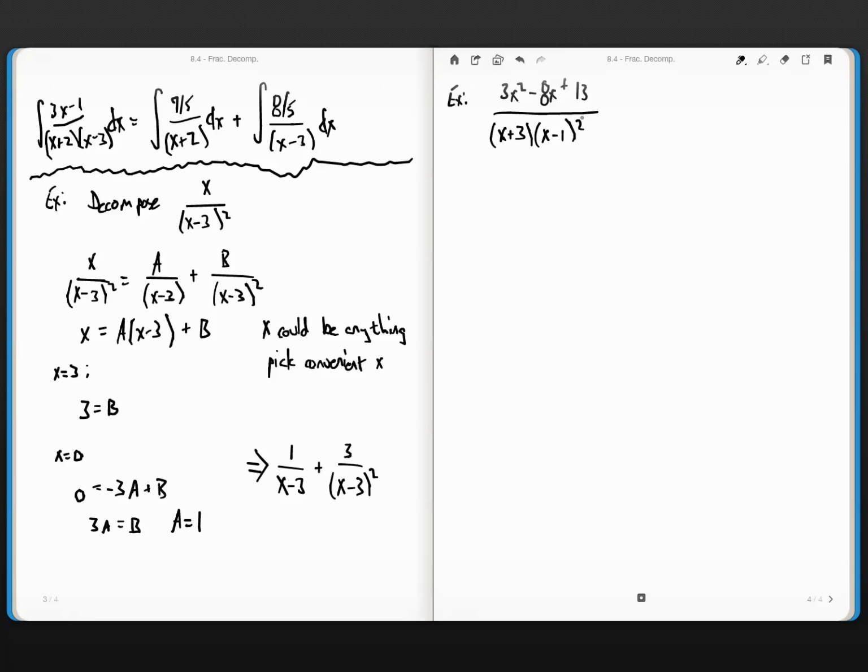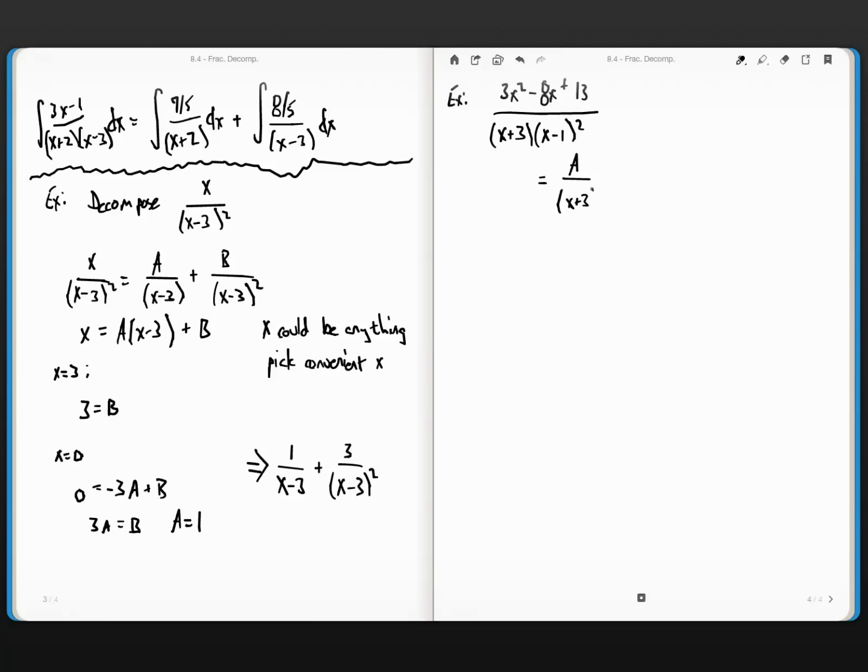Okay, so here I have this repeated root, so I probably had an x minus 1, I probably had an x minus 1 squared, and I probably had an x plus 3. All right, so I'm going to say this whole thing equals, I'll get rid of my easy one first, that's just a over x plus 3.